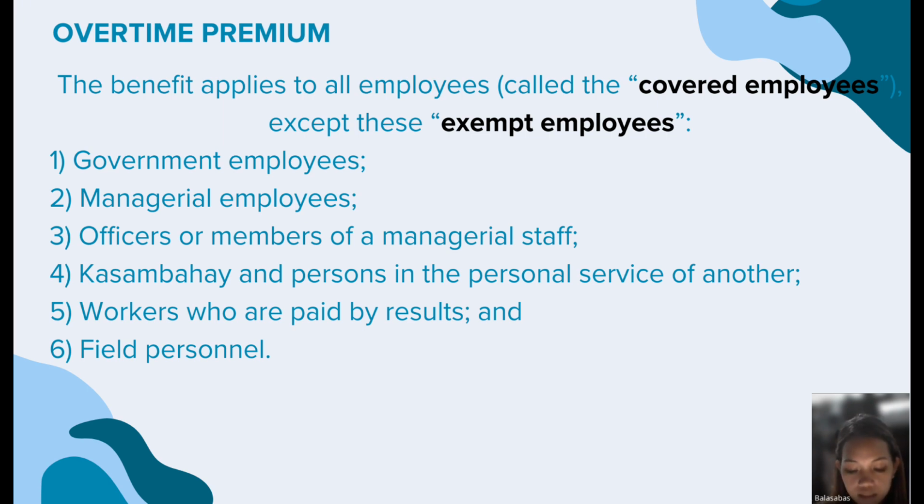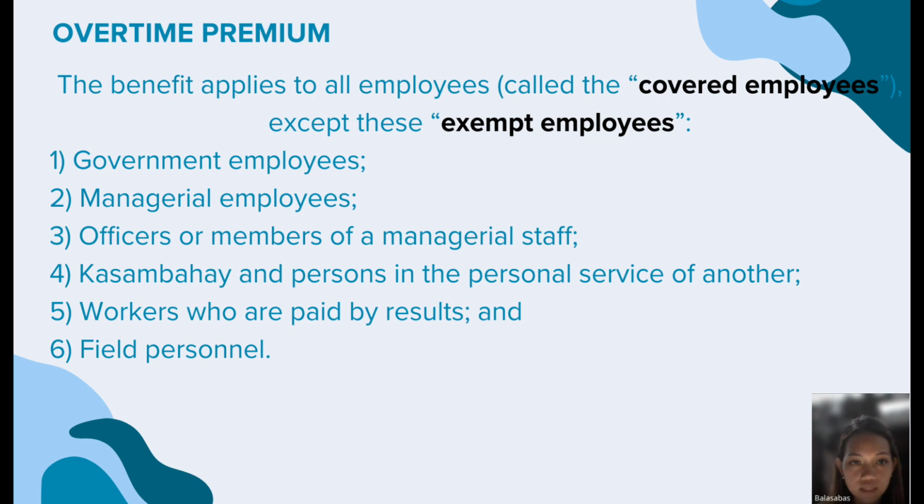Second, they customarily and regularly direct the work of two or more employees therein. Third, they have the authority to hire or fire other employees of lower rank, or their suggestions and recommendations as to hiring, firing, and promotion or any other change of status of other employees are given particular weight. That is based on Section 2 of the Omnibus Rules from the DOLE Handbook.